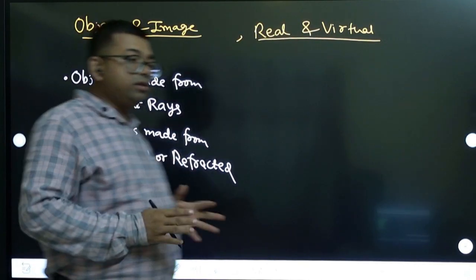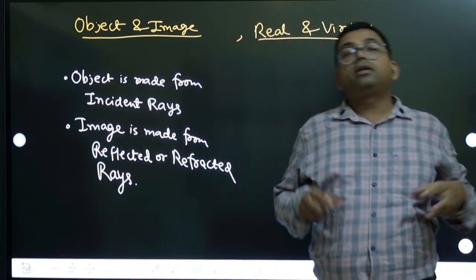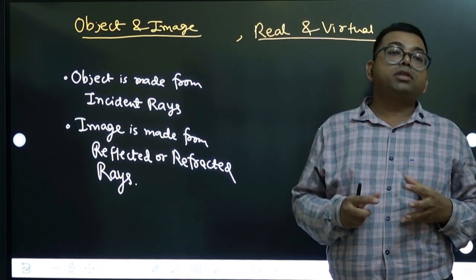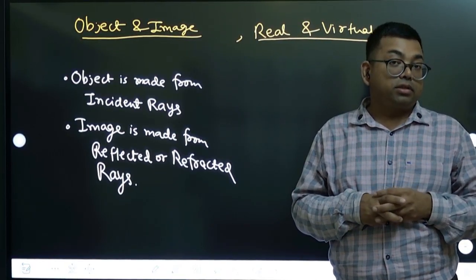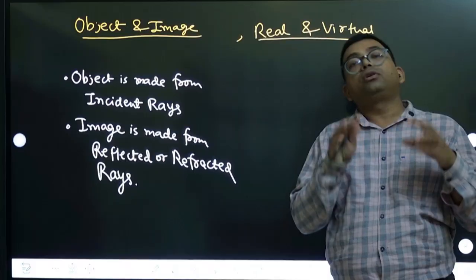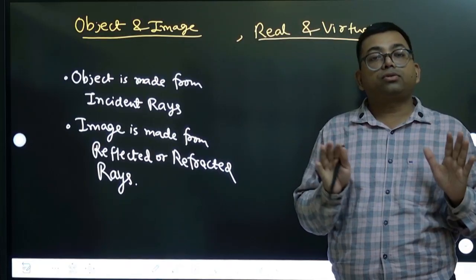In case of reflection we use reflected rays, and in case of refraction we use refracted rays. Use these rays to make the image. And for incident rays, if they are meeting or appear to meet, using incident rays you can only make an object. Okay, that should be clear.